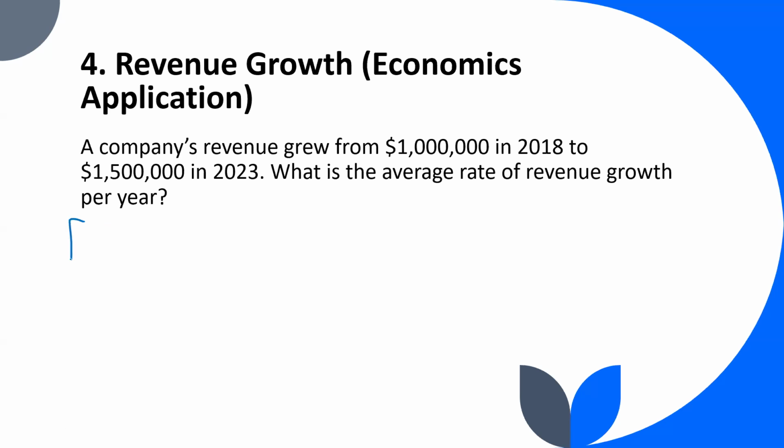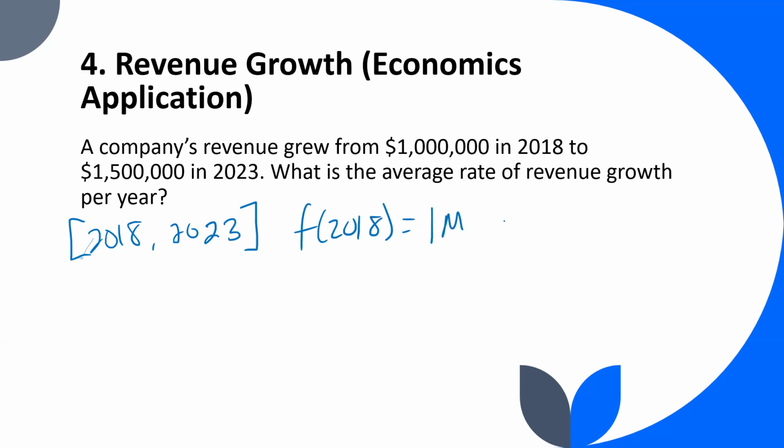So when we set it up, that's our 2018 to 2023. So my F of 2018 would be my 1 million. I'm going to be lazy and just write 1M. My F of 2023 would equal my 1.5 million.